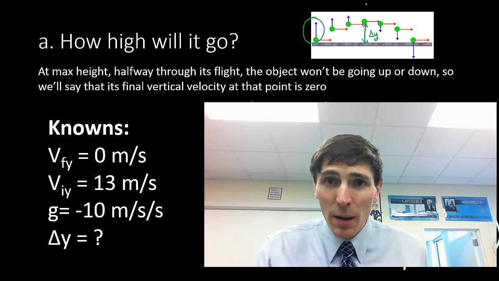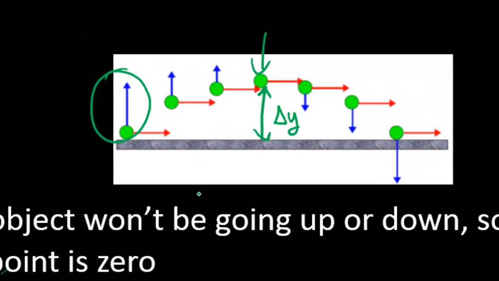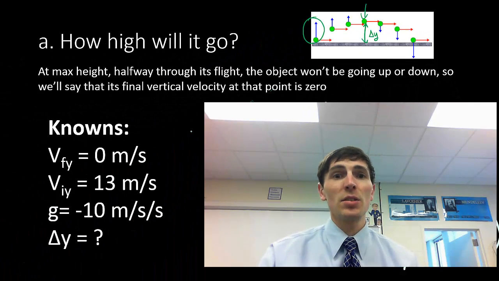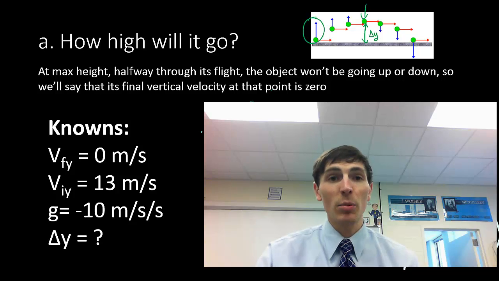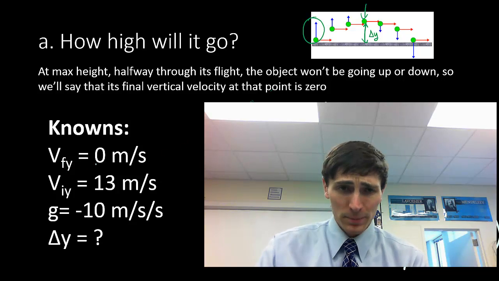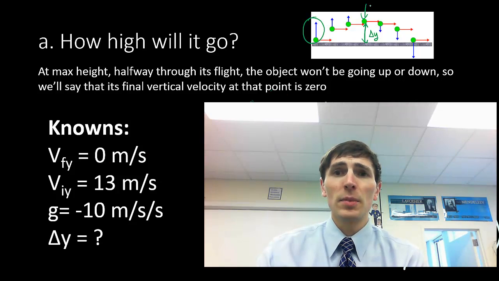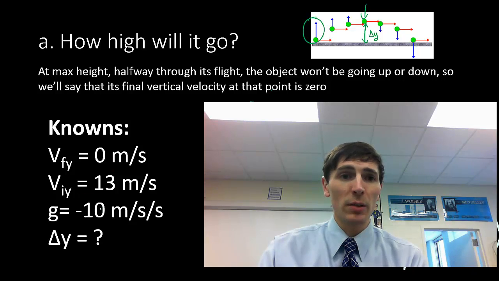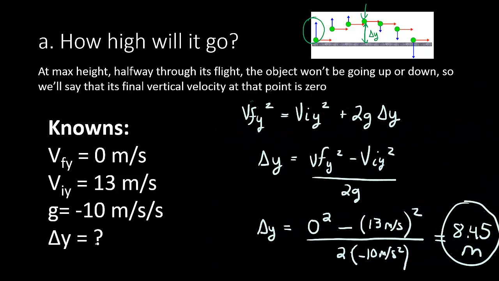So at the very top of this path, I know that the object is not moving up or down, so we're going to say that its vertical velocity at that point is 0 meters per second. We're going to call that v sub fy. And when I know that it's not moving at that top, I actually know another piece of information. So when I plug in what g is, solve for delta y, and my initial velocity, I can use this equation here.